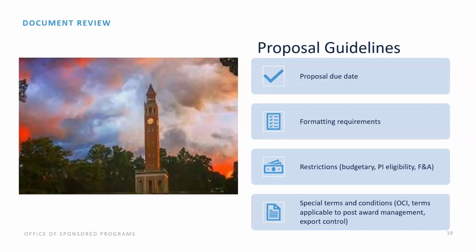Also, special terms and conditions. So, for example, if we see anything in there about organizational conflict of interest, that really needs to be highlighted and submitted to us as soon as possible. The COI office needs a minimum of 5 business days to be able to process those.